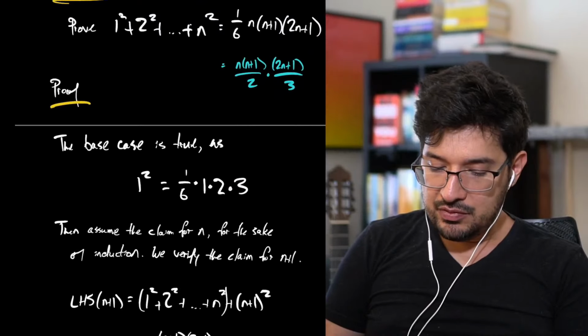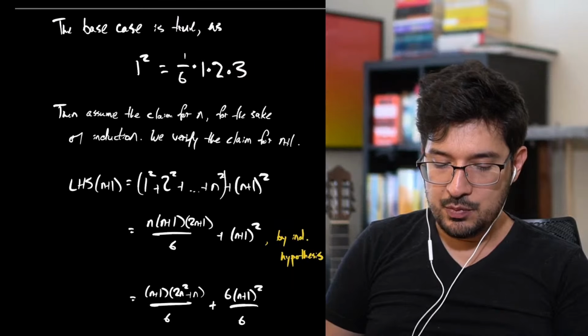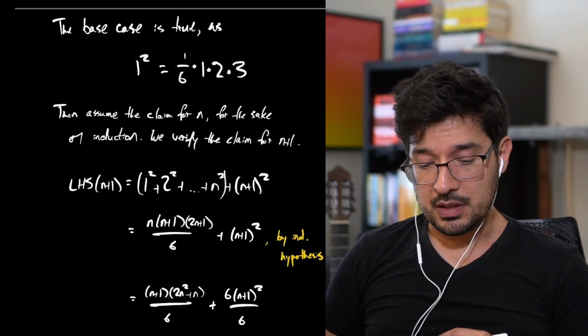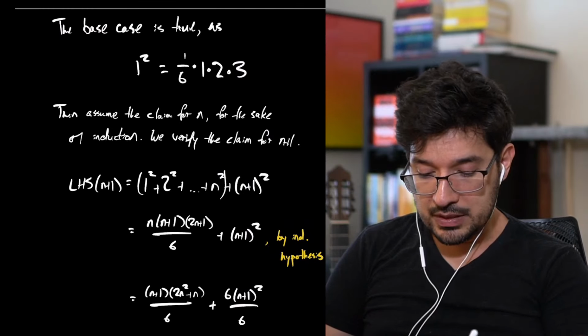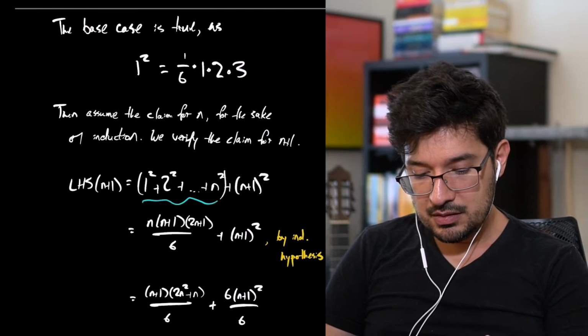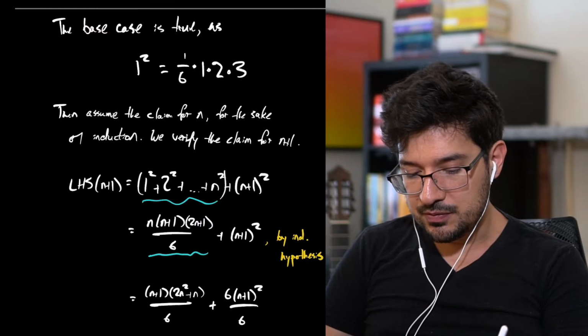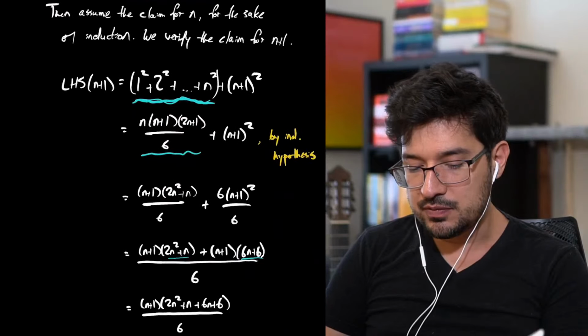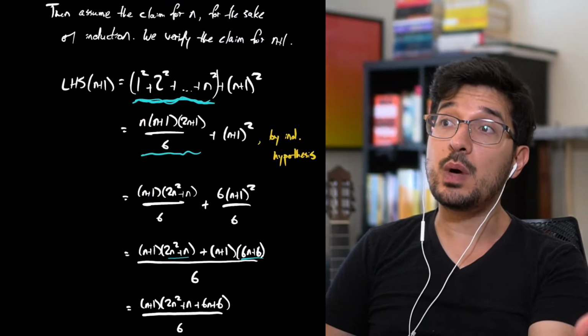The base case is true. Then we are completing the inductive step for the claim. So we assume that the claim is true for n, and now we want to show that it's also true for n plus 1 as well.